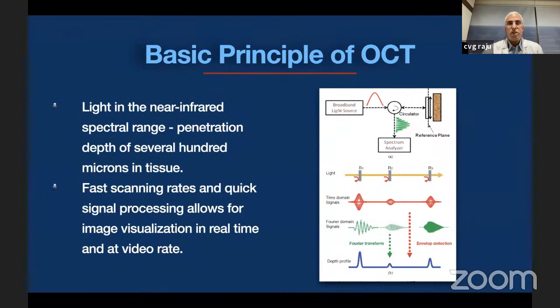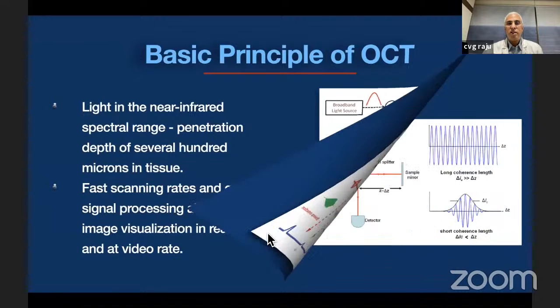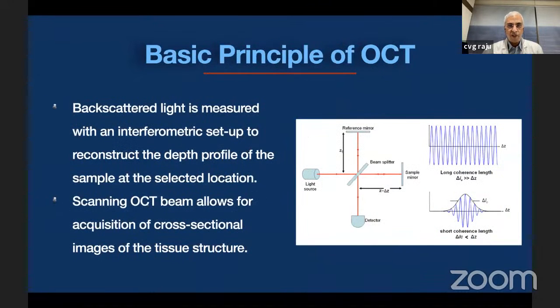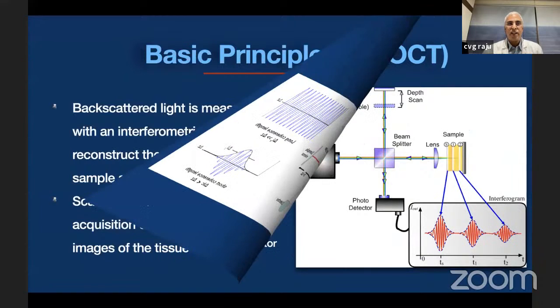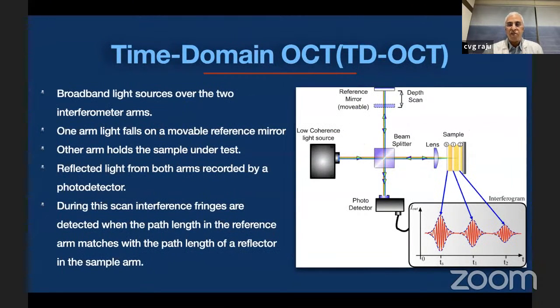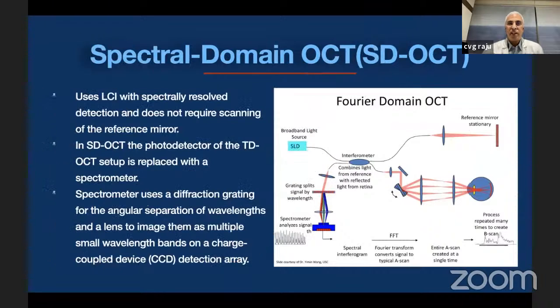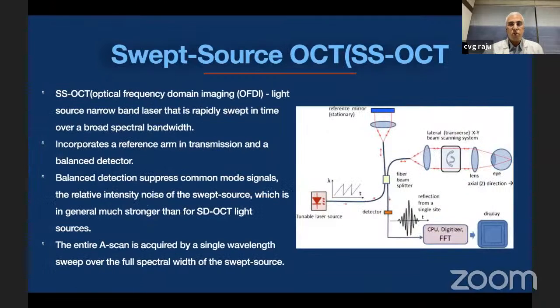This is the basic principle of the OCT. The backscattered light is picked up and then analyzed with a reference image. This is the time domain OCT, and then we have the spectral domain OCT, and then the swept source OCT.